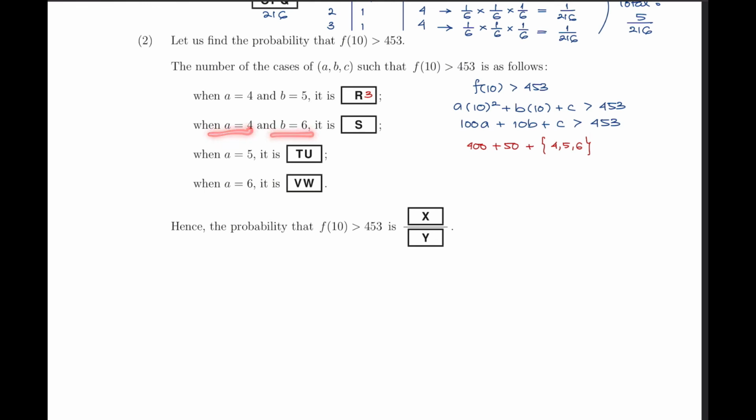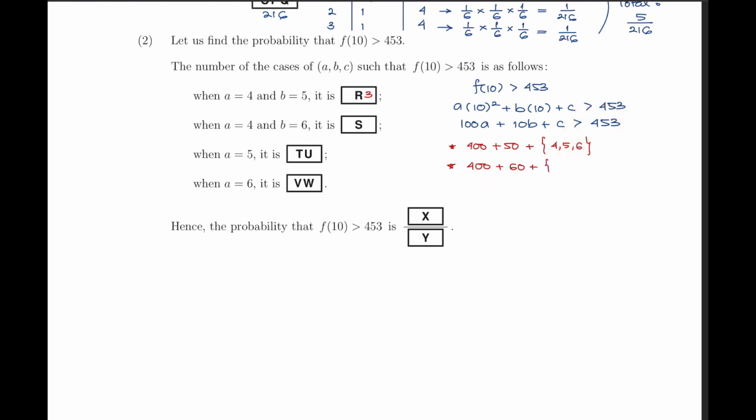And then when A equals 4 and B equals 6, if I use the same method, 400 plus 60 plus, how many cases are C? 400 plus 60 is already 460. It's already greater than 453.